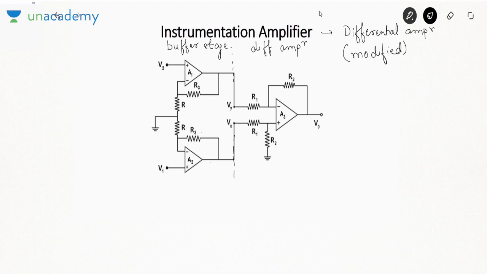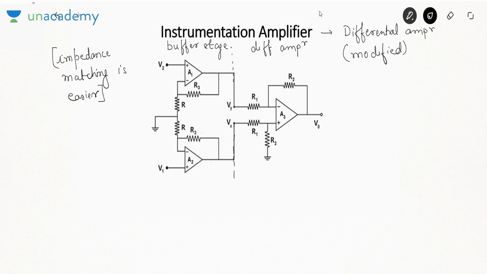Now what is the benefit with instrumentation amplifier is that due to the buffer stage at the input, impedance matching is easier. Impedance matching means when input and the output impedance is equal, which is also called as maximum power transfer theorem in network. Impedance matching will be easier if you connect the input buffer stage.